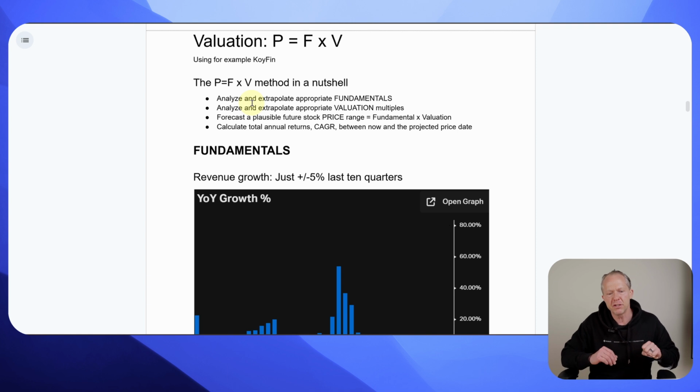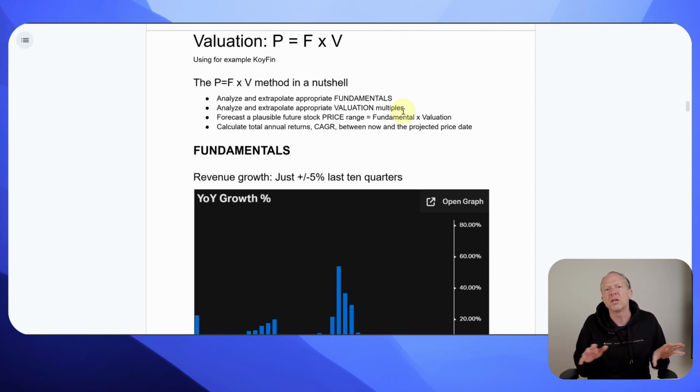And the associated valuation multiples, which we should always also analyze and extrapolate, to sales, it's price to sales, or actually enterprise value to sales, to make sure we take debt into account. But we only need to take the net debt into account if they actually have a decent sized either negative net debt or positive net debt.